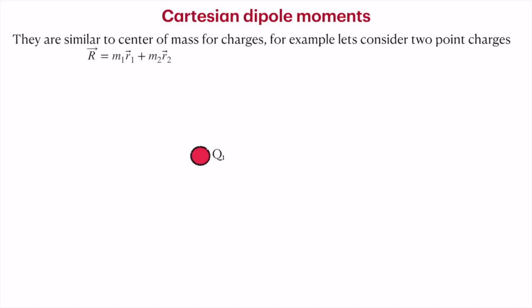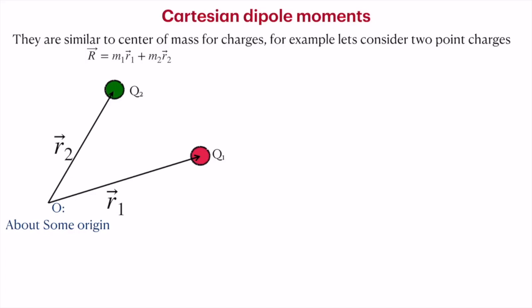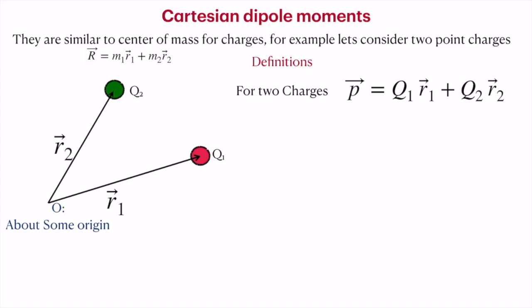So if you have a charge q1 with respect to some origin placed at r1, and there is another charge q2 placed at r2, the dipole moment for these two charges is given by p, which is a vector quantity: the first charge's position multiplied by its charge plus the second position multiplied by its charge, which is very similar to the moment of the center of mass.